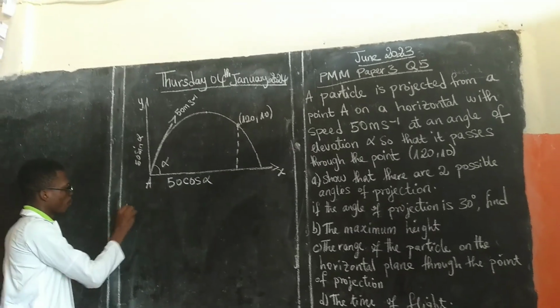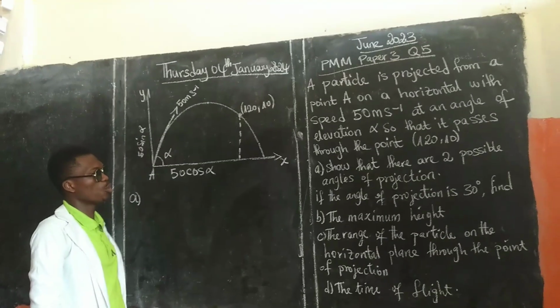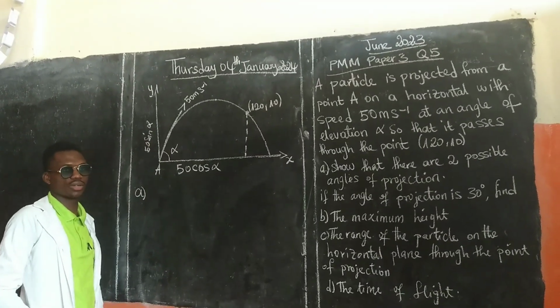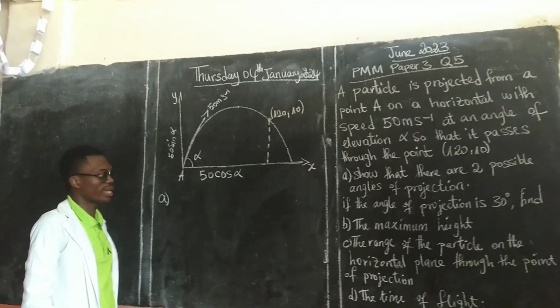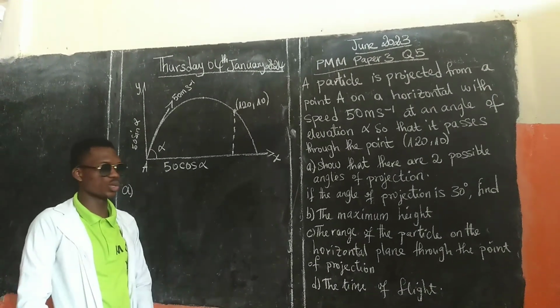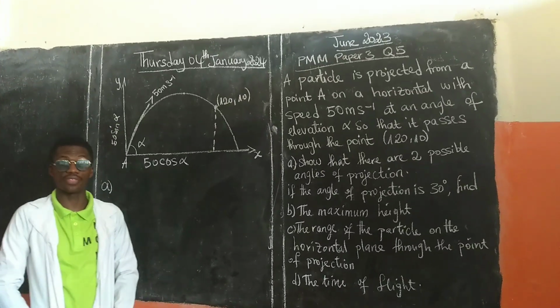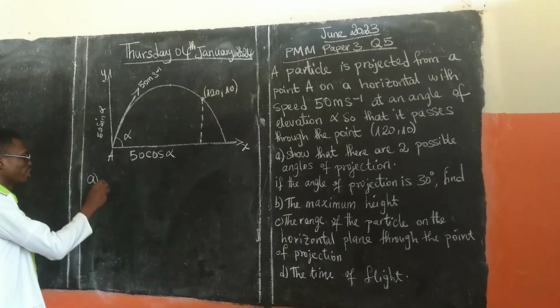Now we begin with part A, which says, show that there are two possible angles of projection. How are we going to show that? We are going to use the equation of trajectory, or the equation of path.